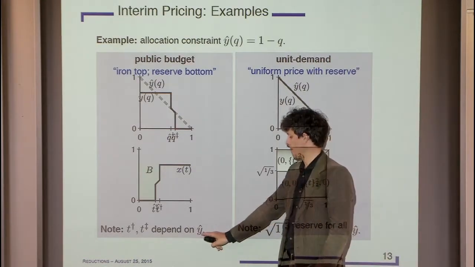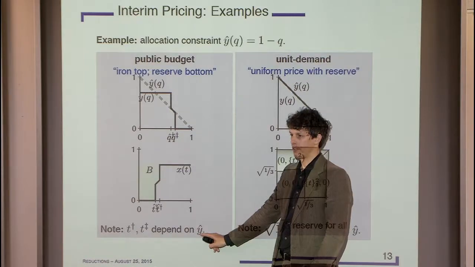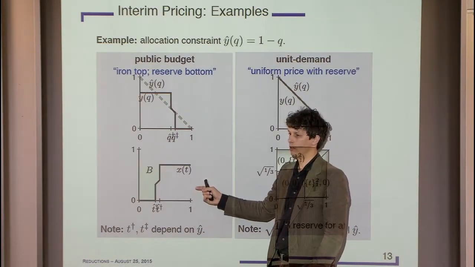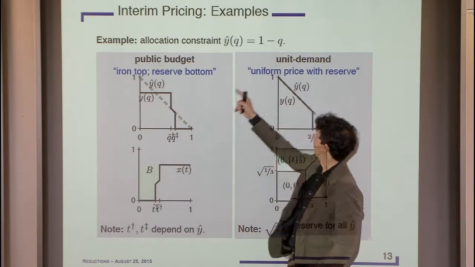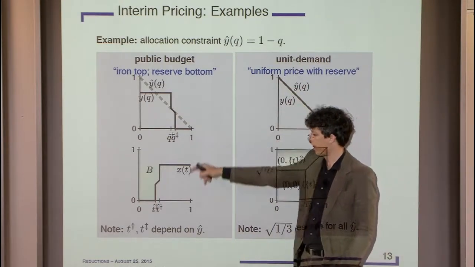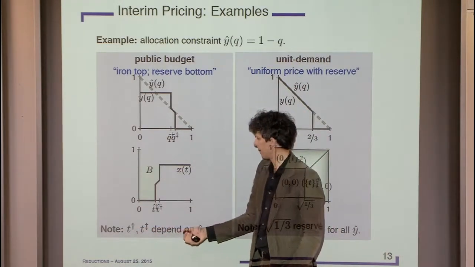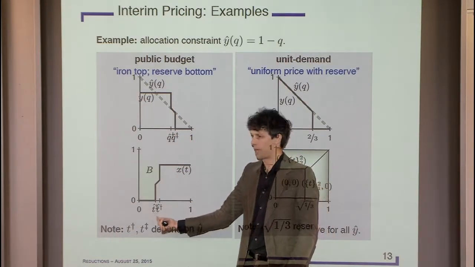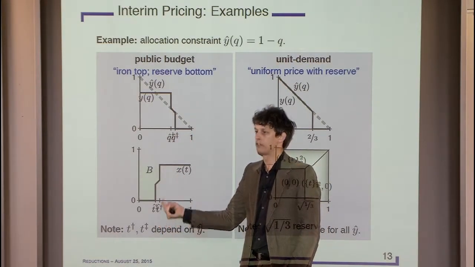Yeah. So I'm thinking about changing y hat and asking how the optimal mechanism changes. When I give you the y hat of 1 minus q, meaning this one, I got these particular IR on the top and reserve price on the bottom with these particular parameters. Those parameters depend on y hat.